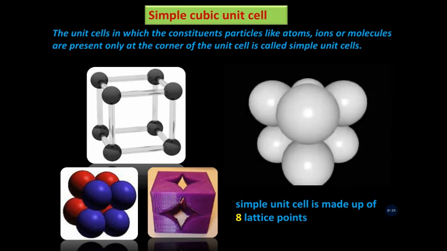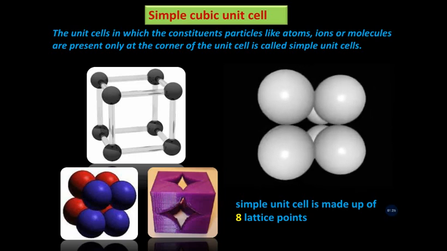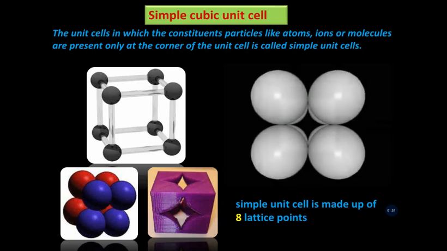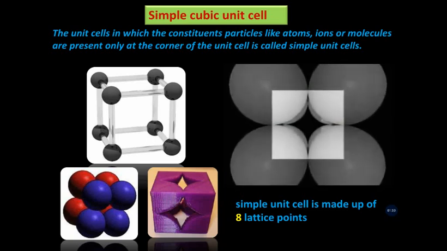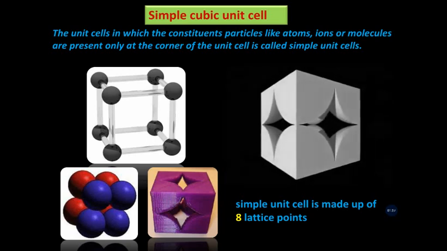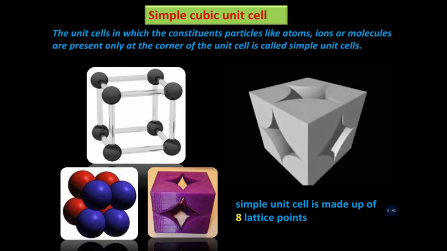From this model, we can generate the simple cubic unit cell by including only that portion of the atoms that appears inside the boundary of the unit cell. So, the simple unit cell is made up of 8 lattice points.